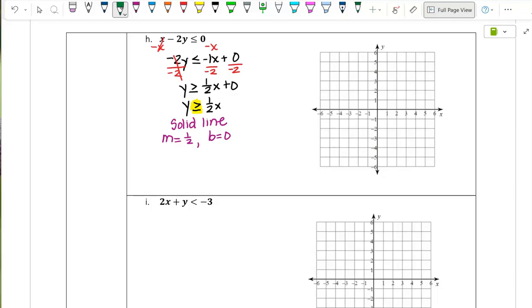So when I go to graph that, I start at the origin at 0. The slope says to go up 1, 2 to the right, up 1, 2 to the right. And I'm going to use my straight edge to graph my solid line.